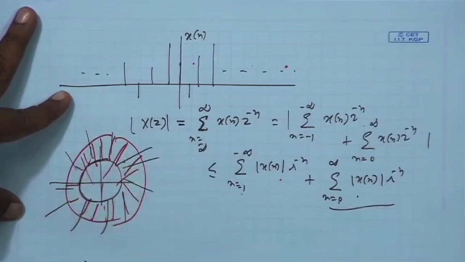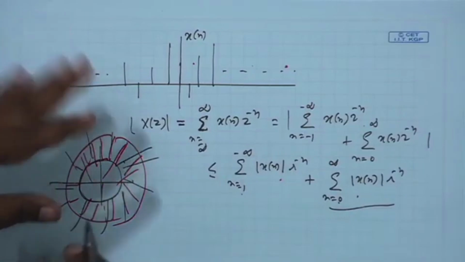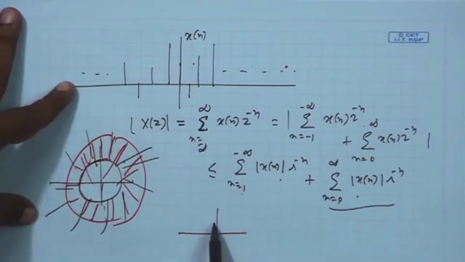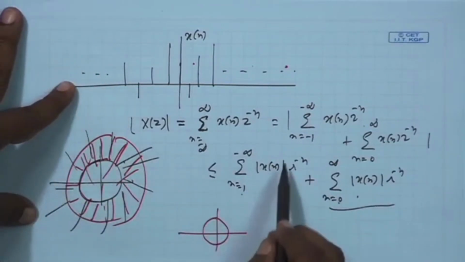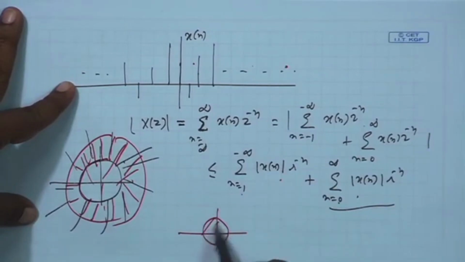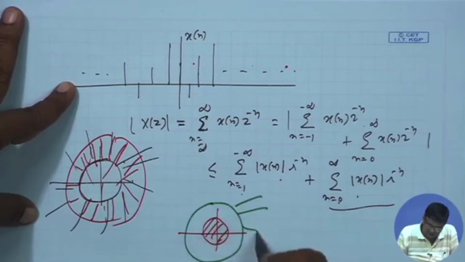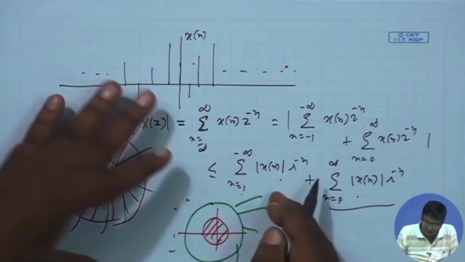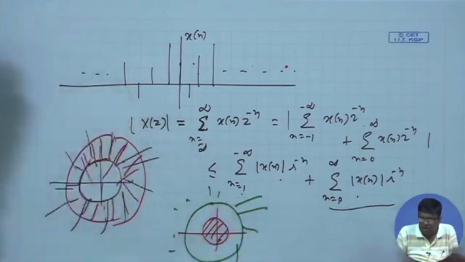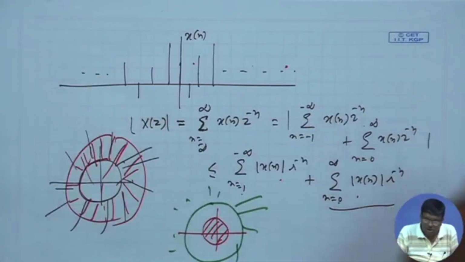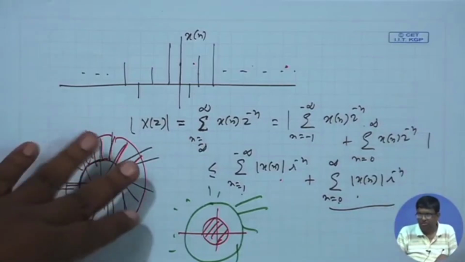This will be the ROC, because here both will exist. But if the two circles are such that there is no overlap, I mean, from here it is inside a circle, suppose here, and from here it is outside a circle, then there is no overlap between the two shaded regions. In that case, there is no ROC, so the Z transform does not exist.